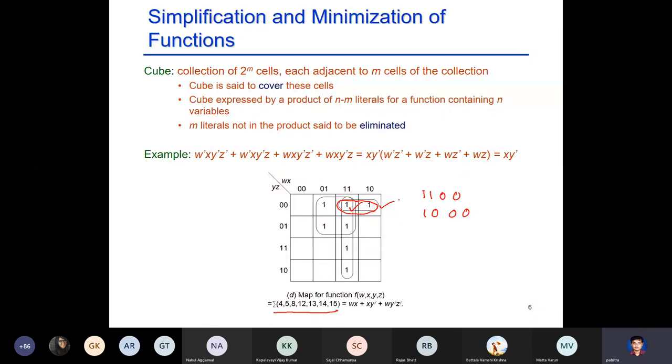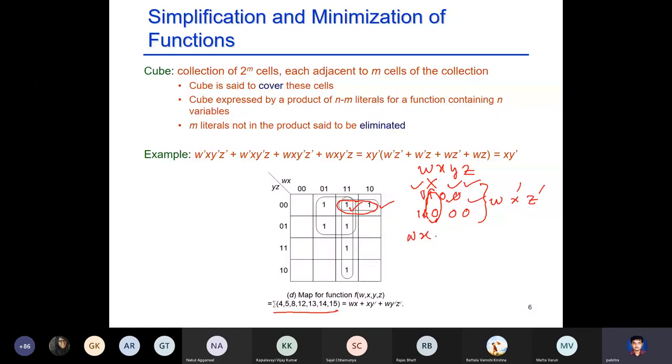And this was W X prime Y prime Z prime. So this is the expression corresponding to this. Looking at this, I have reduced it to this. So this variable I have eliminated. Since this is a cube of size 2, m is 1, so I have eliminated one variable.